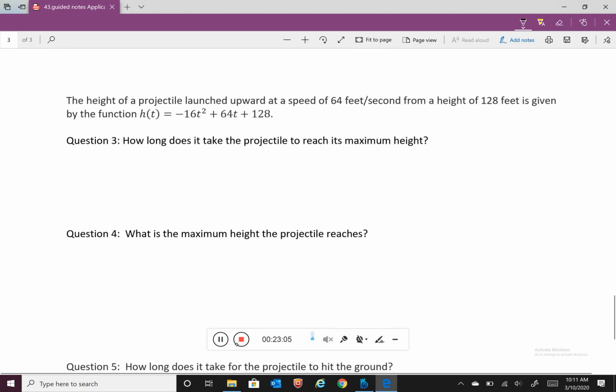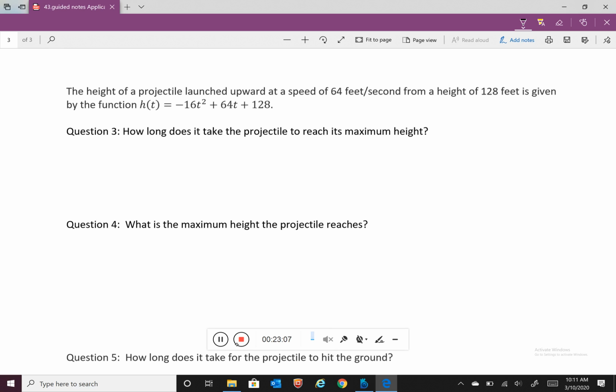Next set of questions, the height of a projectile launched upward at a speed of 64 feet per second from a height of 128 feet is given by the function h of t equals negative 16t squared plus 64t plus 128.